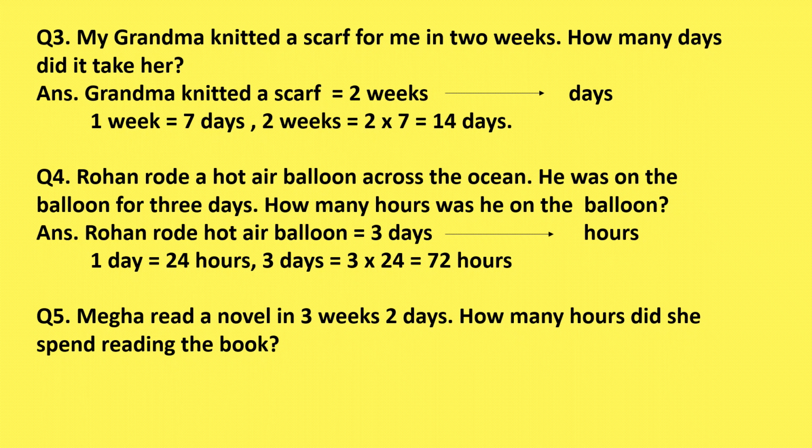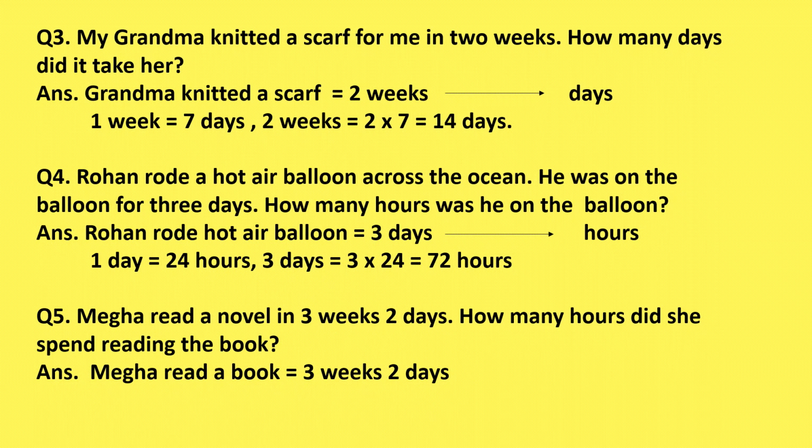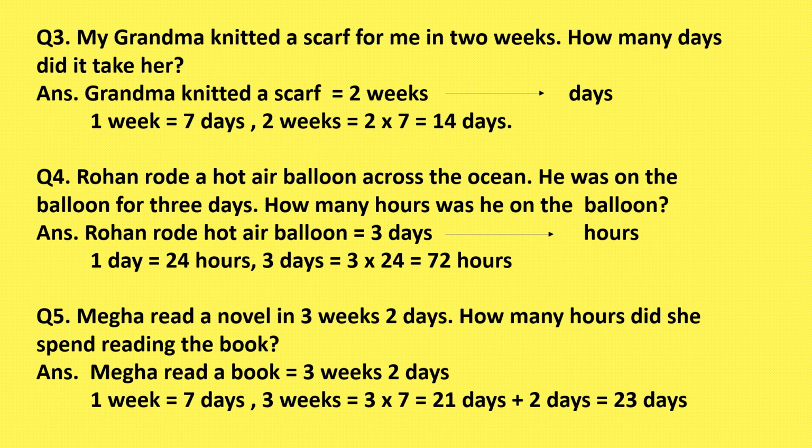So what you will do first, you will change 3 weeks. 1 week has 7 days. 3 weeks will be 3 into 7. That is 21 days. Now 2 days extra is given there. That you will add. So total 23 days she read the book.